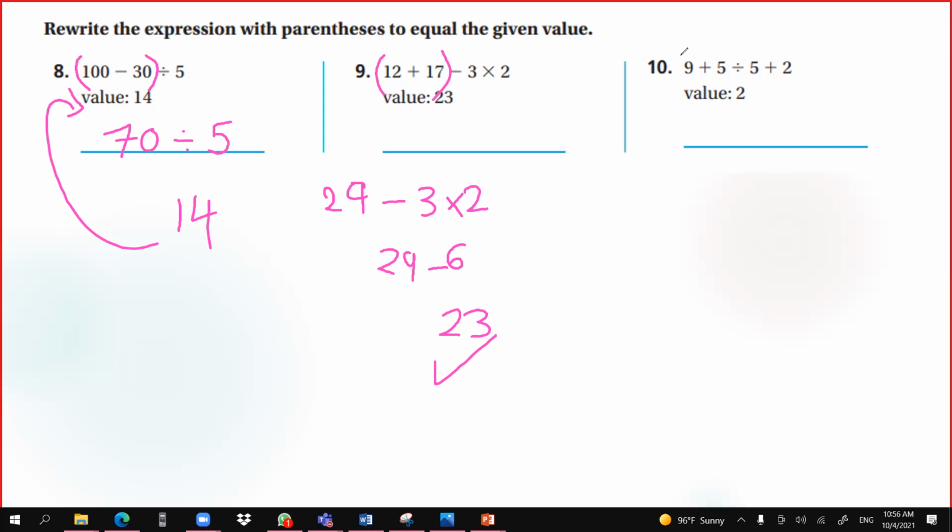Let's put the parentheses here. 9 plus 5 is 14.